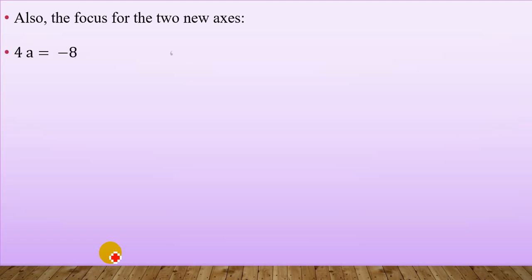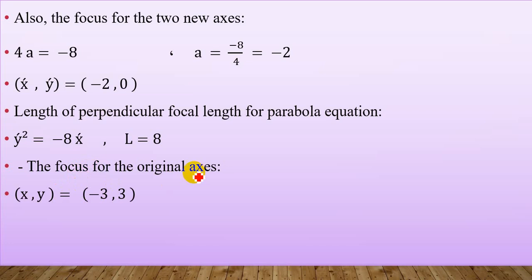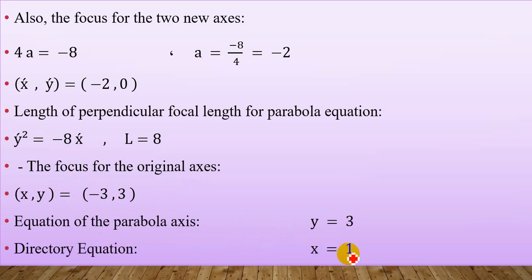When we complete, it equals negative 8, so a will be negative 8 over 4, negative 2, so our focus is 1 minus 2 and 3, the length will be 8, and the equation will be y equals 3 for the axis, and the directrix x equals 1.